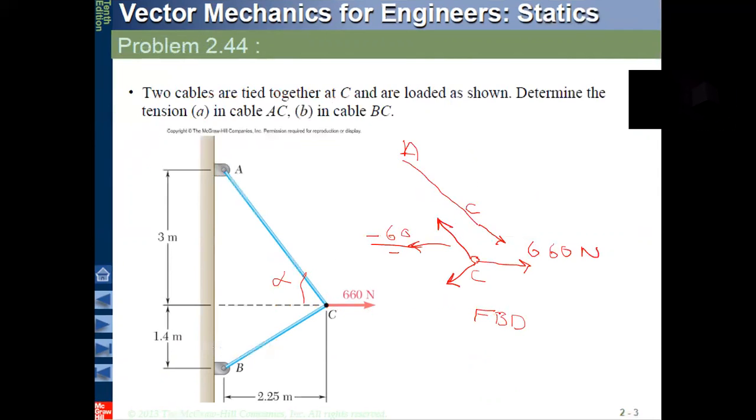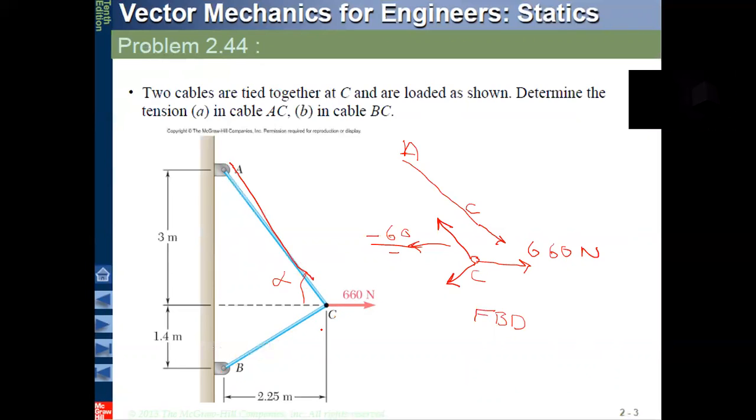So if you draw the free body diagram, you're going to have something like this, where the AC force and CB force are along the direction of the cables. Actually, when you don't know the magnitude and direction of the force, you know that the direction is along the cable, but you don't know if it's in the CA direction or the AC direction.